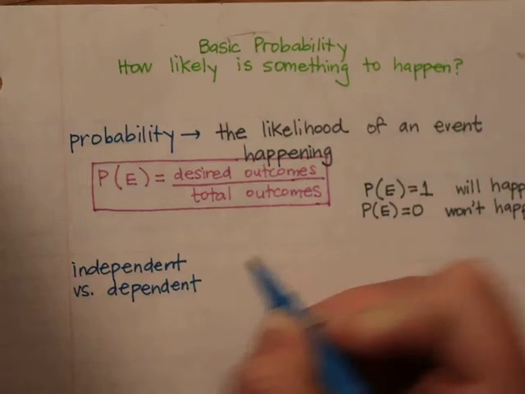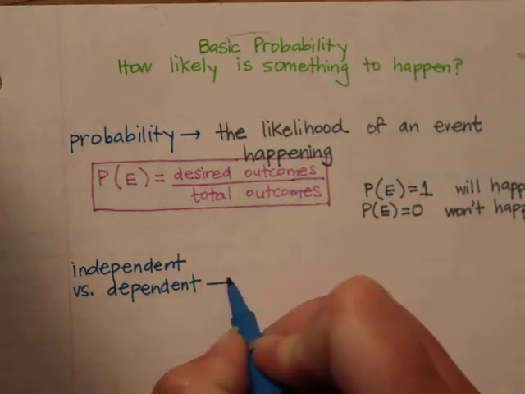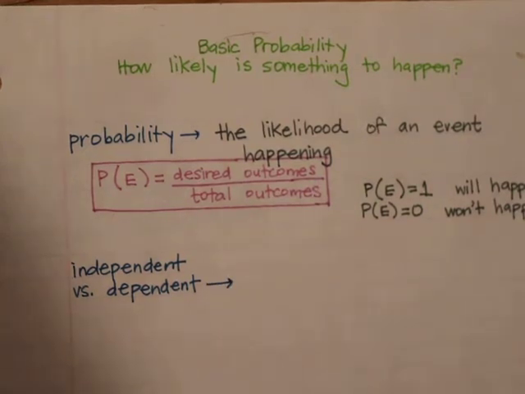Two events are independent if the probability doesn't change after the first one occurs. And dependent means that the probability changes if the first thing happens.